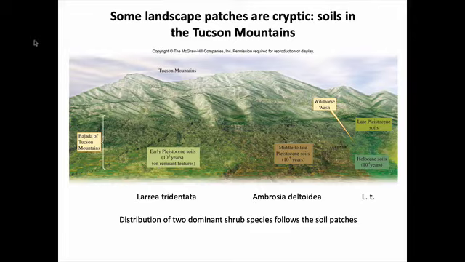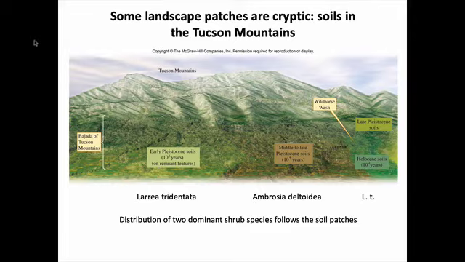So the take-home message here is that even though both of these species are found in both of these areas, the relative dominance is quite different. And that means that the species that favor one or the other of these shrubs will also vary in abundance.